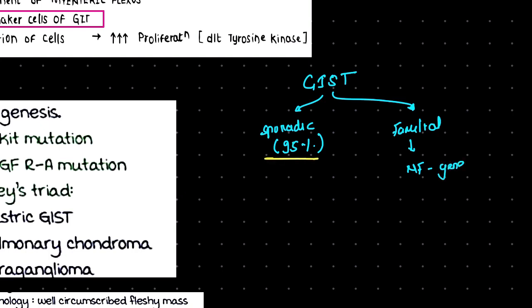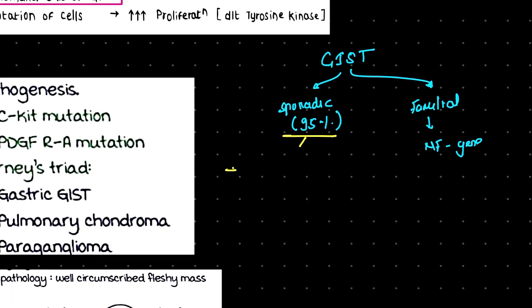Talking about the sporadic condition, it is linked with multiple types of mutations. What are the mutations? The mutation in the CKIT gene is the most specific one.